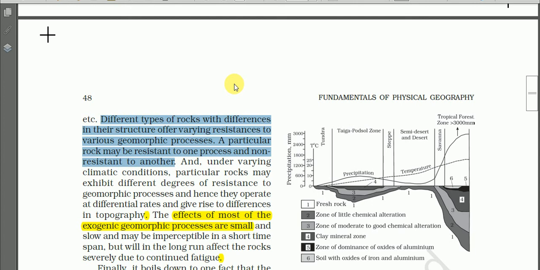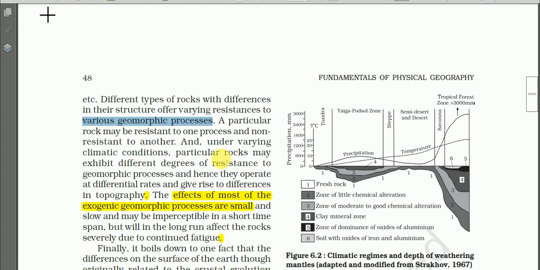We have various types of geomorphic processes, and we have resistance to different types of them.